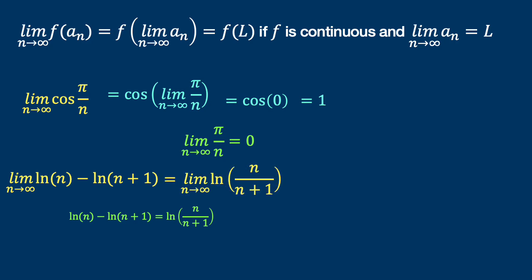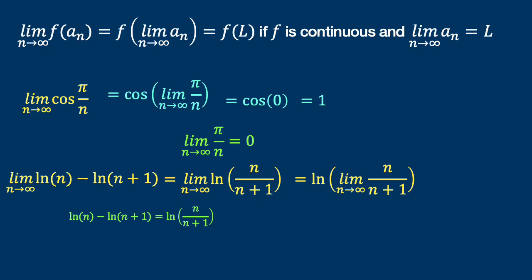We can rewrite this. So the limit as n approaches infinity of ln of n over n plus 1. The ln function is also continuous, so push the limit inside the function: ln of the limit as n approaches infinity of n over n plus 1.